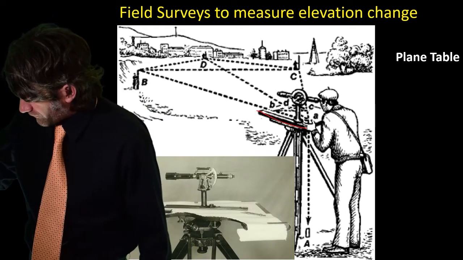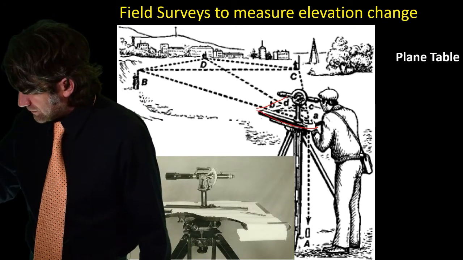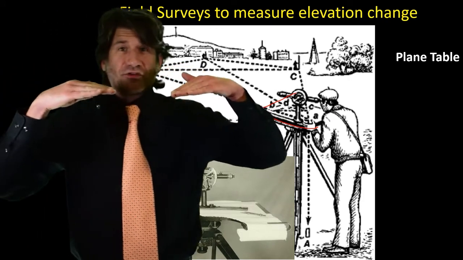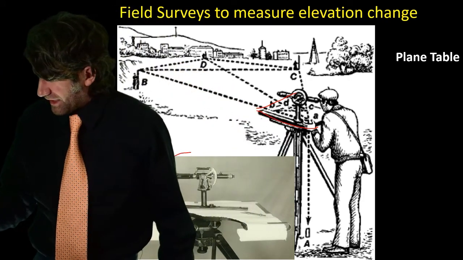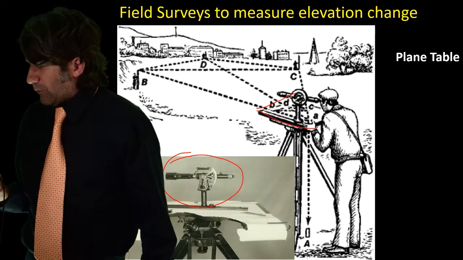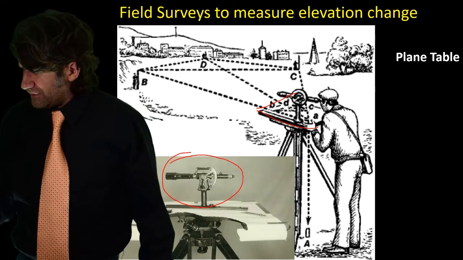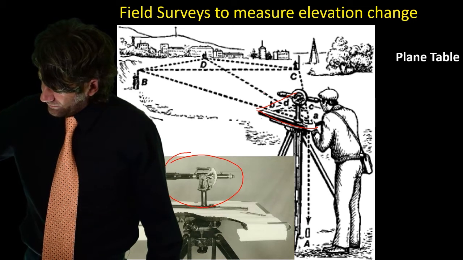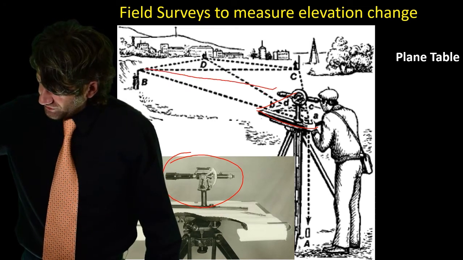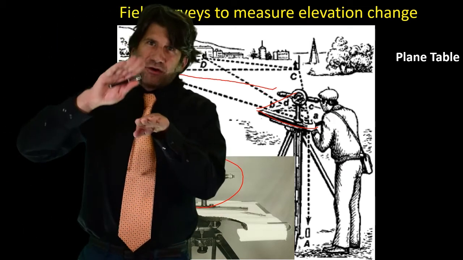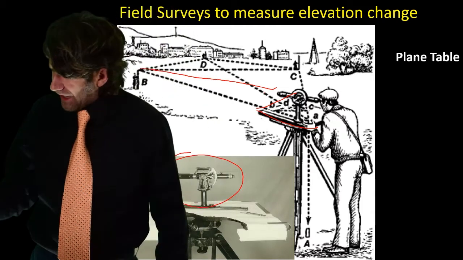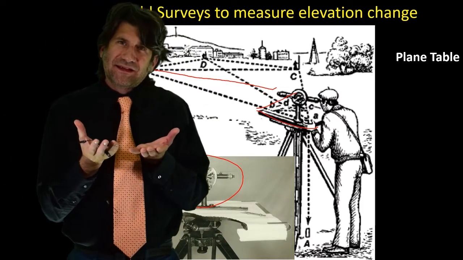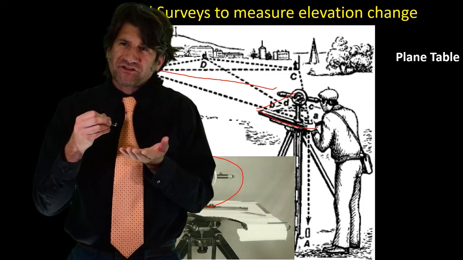So here's our horizontal table right here. And you have that perfectly horizontal, okay? And then on that, you set an alidade. And once you have that set, you can sight to different positions in the landscape. So here you're using the alidade to sight out to the position. And based on the angle and the distance to that position, you can have a piece of paper right on your plane table that you actually record the elevation positions on.